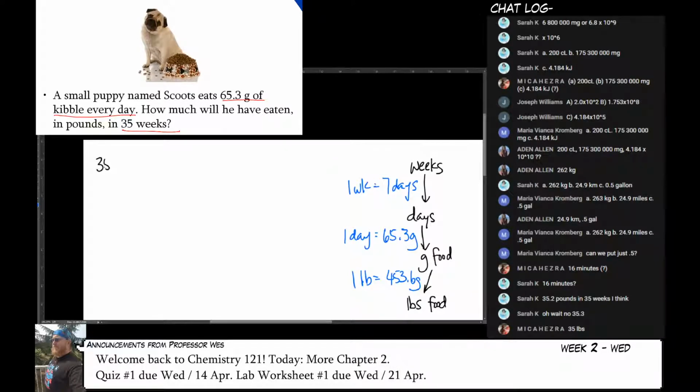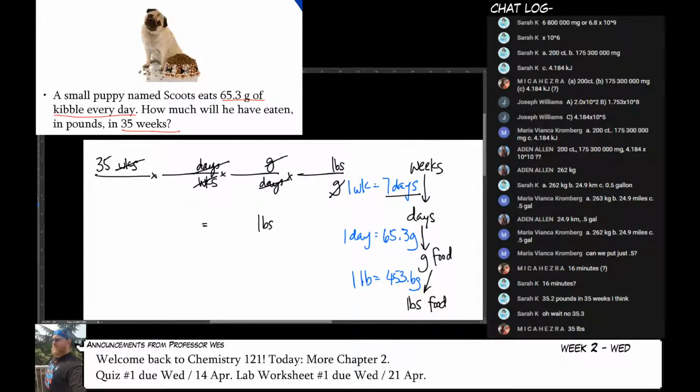So 35 weeks. Again, cancel, cancel. So weeks into days. Now I can figure out how much food he gets per day and then turn grams into pounds. All right, we got it all set up.